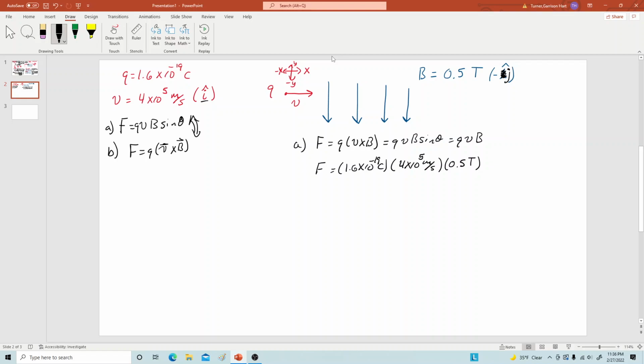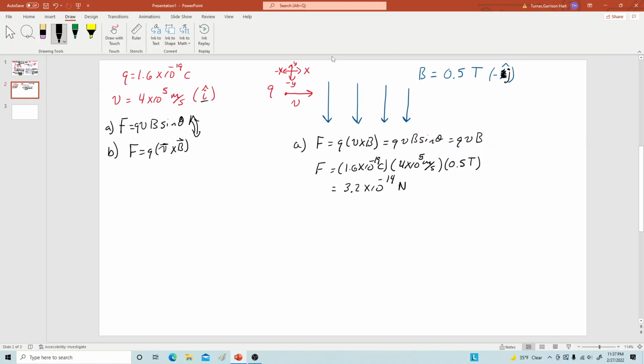And if I multiply this out, plugging this into my calculator, 1.6 times 10 to the negative 19 times 4 times 10 to the 5th times 0.5, the force on this proton is going to be 3.2 times 10 to the negative 14, and this is in newtons.